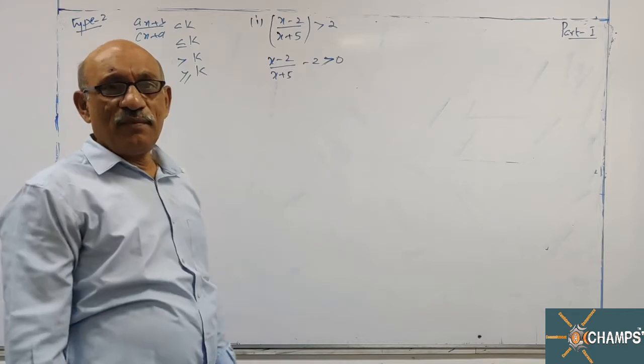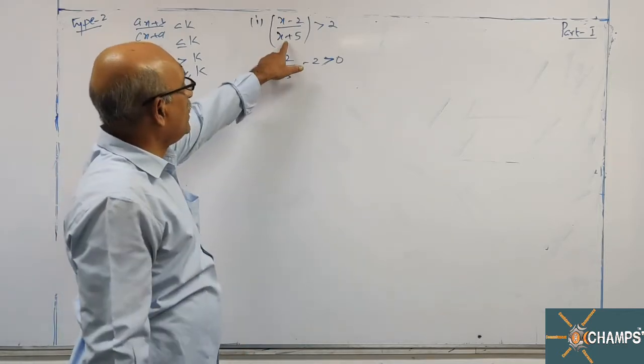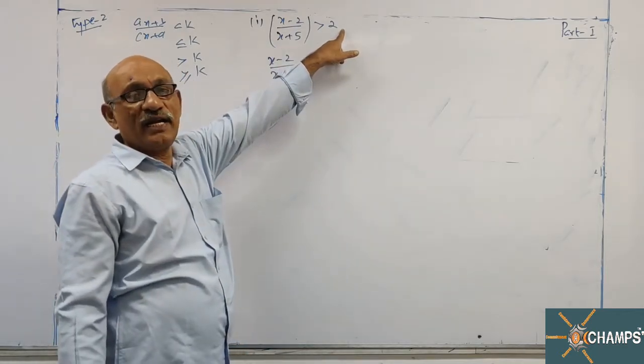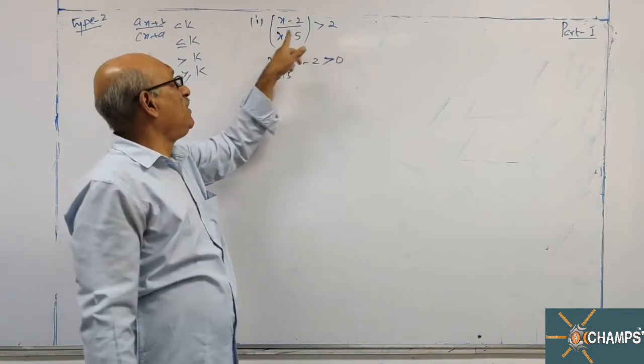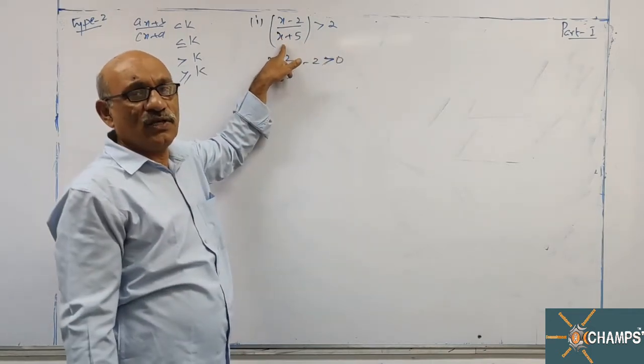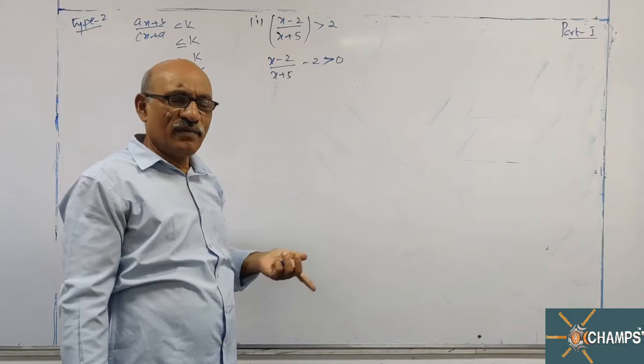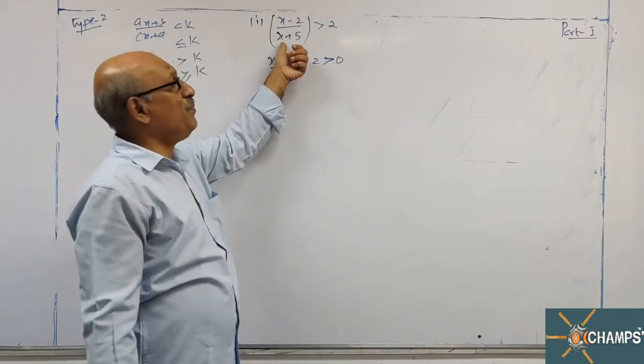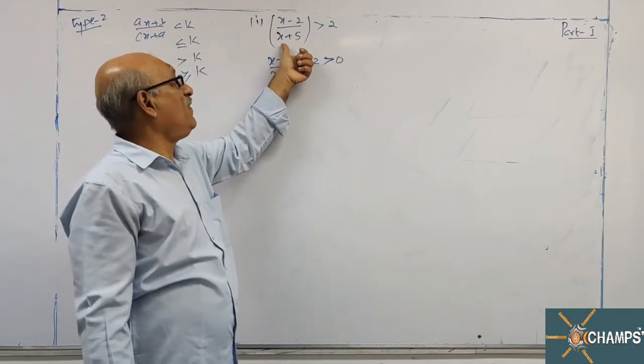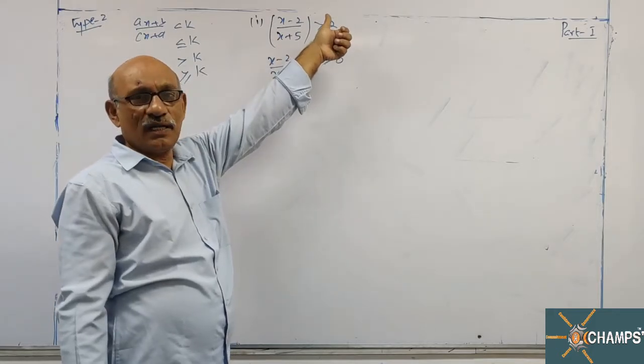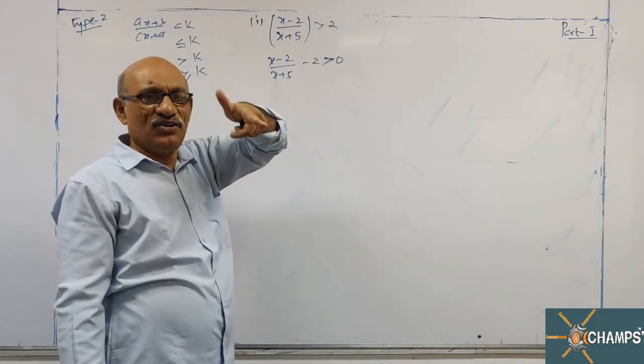One more time I am repeating this point. This x plus 5 cannot be taken to the right hand side straight away because the sign of the variable x is not known to us. It may take a positive value or it may take a negative value. If it is negative, when you are taking to the other side, the inequality will change.